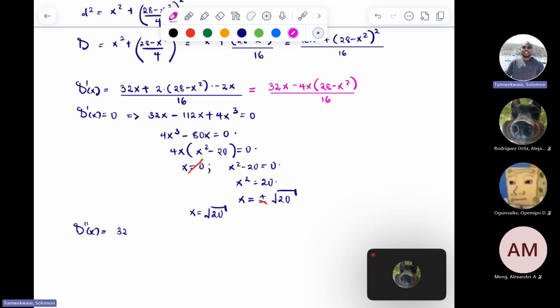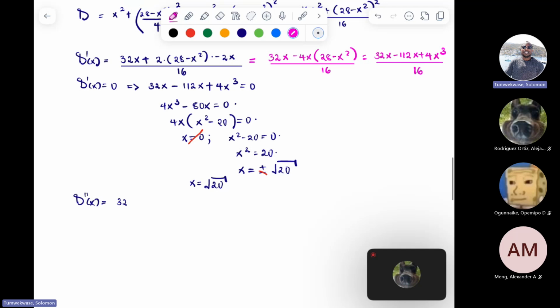maybe we should open up this to make life easier. So this is 32x minus 112x, then plus 4x cubed. Yeah, so we have that guy already. We have it here. So this guy, I just have to divide it by 16. So when I take the second derivative, that is 32, then minus 128, which is negative 80, right?